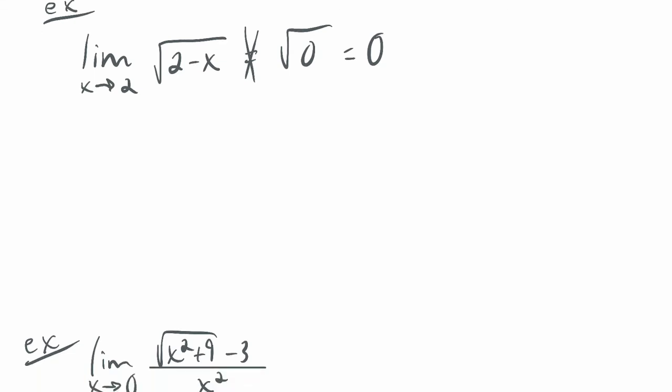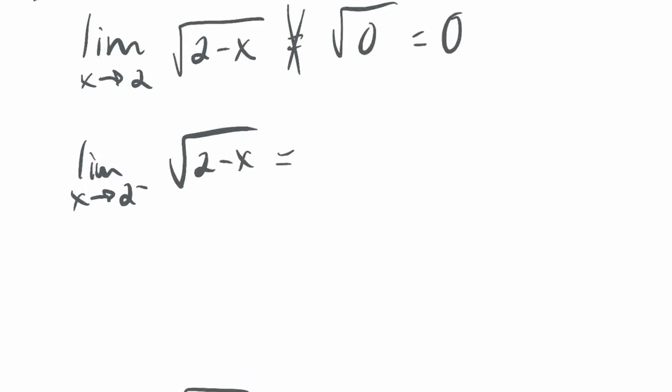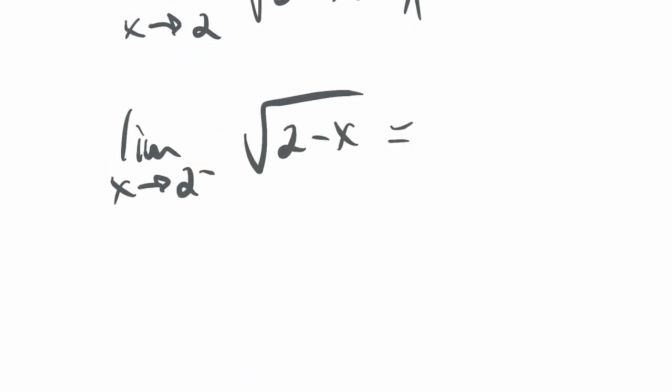Why is that? Well, if I look at the limit from, say, the left, as x goes to 2 from the left, of the square root of 2 minus x. Since x is going to 2 from the left, x is less than 2. So if I subtract x on both sides, 0 is less than 2 minus x.